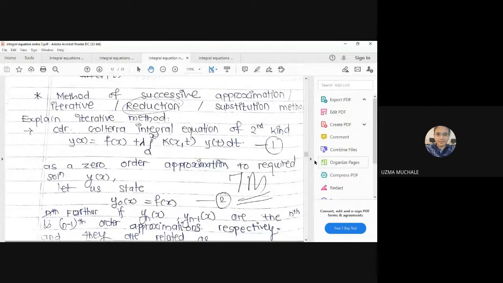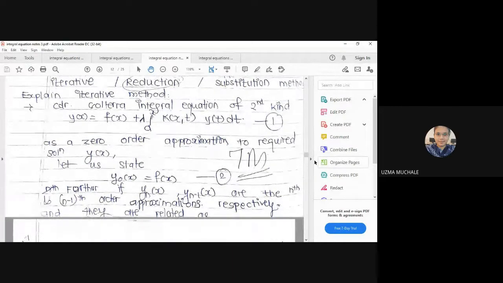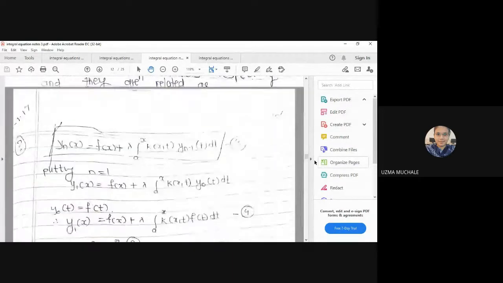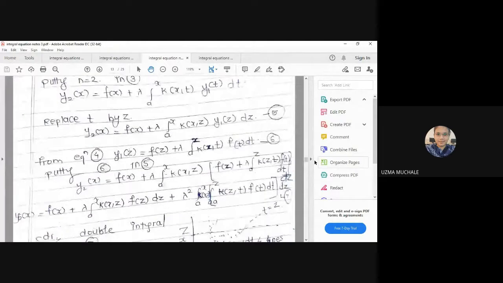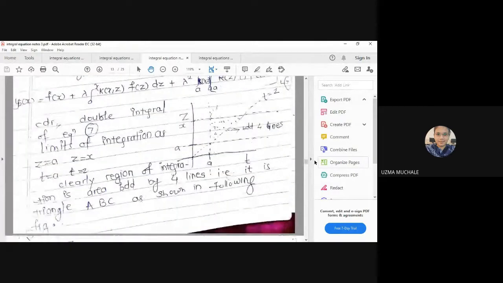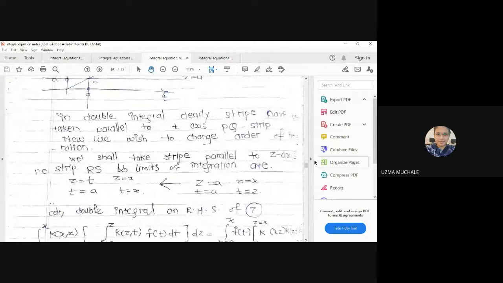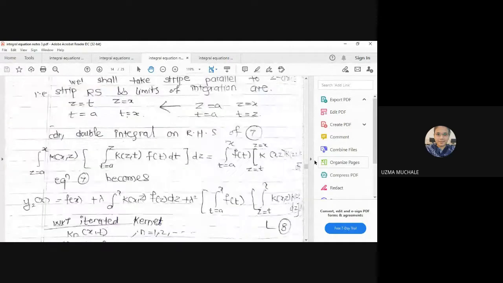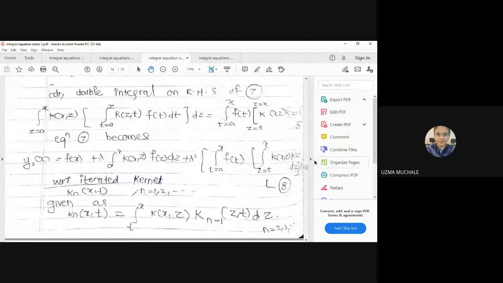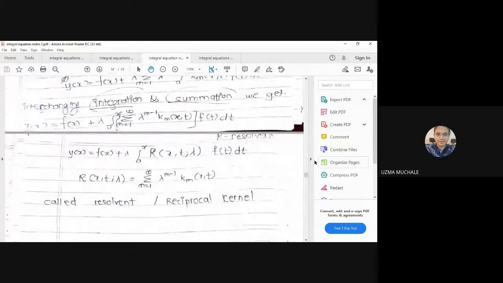Next, we have seen the method of successive approximation. That means y naught is given as some function, and then you have to go with that method which we have seen in the conversion, right?